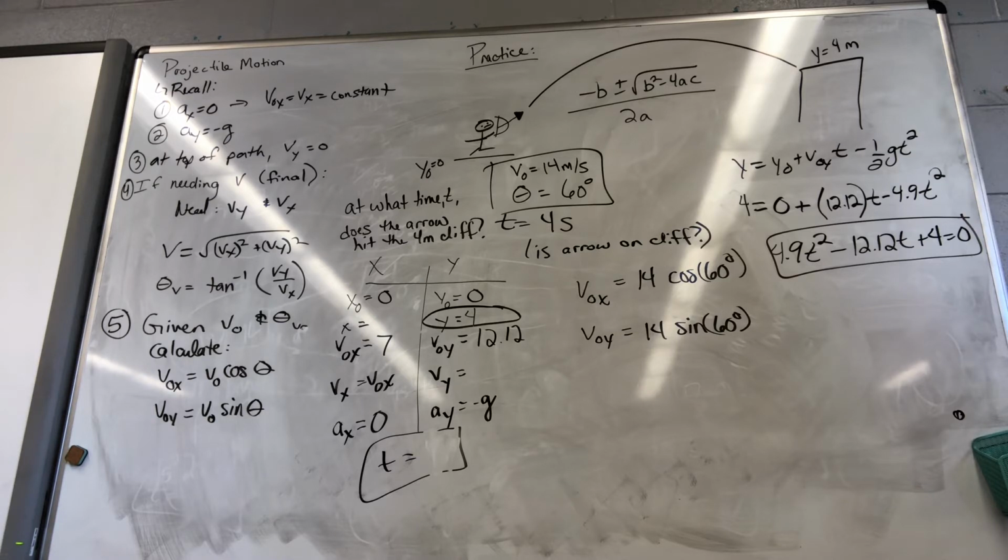Would I just do it twice? We're solving for t, aren't we? So it's t equals two possible answers. Time can't be negative, so one of them has to come out positive.